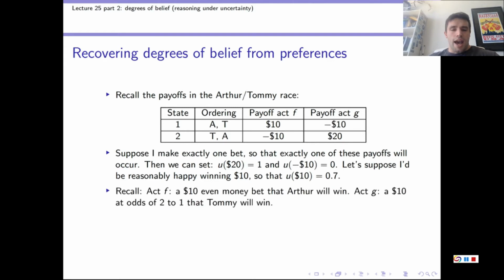And now we think about the acts, so consider acts F and G from before. Act F said a $10 even money bet that Arthur will win, and Act G is a $10 bet at odds of 2 to 1 that Tommy will win.